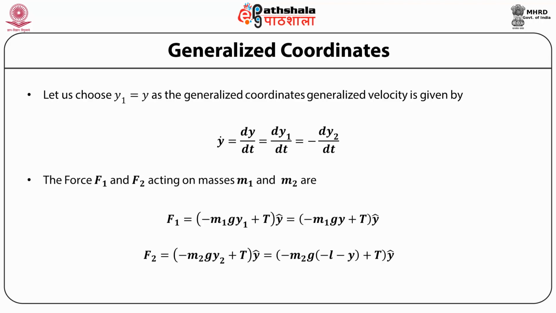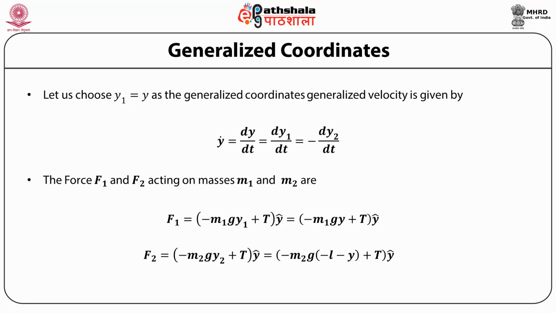The forces F1 and F2 acting on the masses m1 and m2 are as follows. F1 is a force acting downwards, m1 g, plus the tension T acting upwards. So F1 is equal to minus m1 g plus T, multiplied by the unit vector along the y direction.